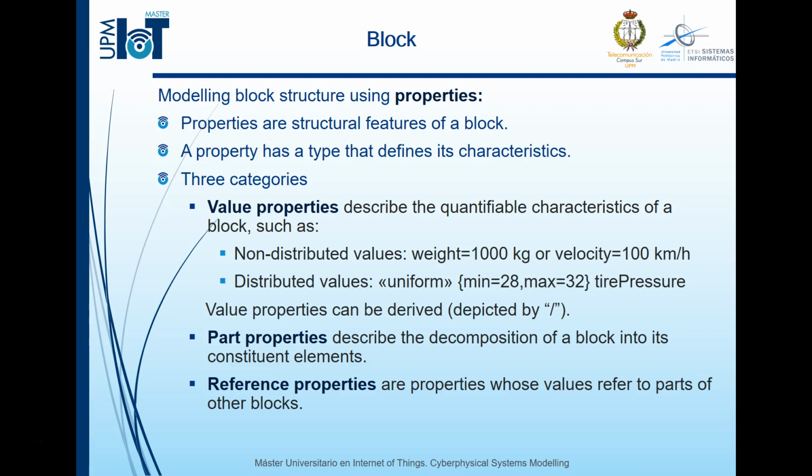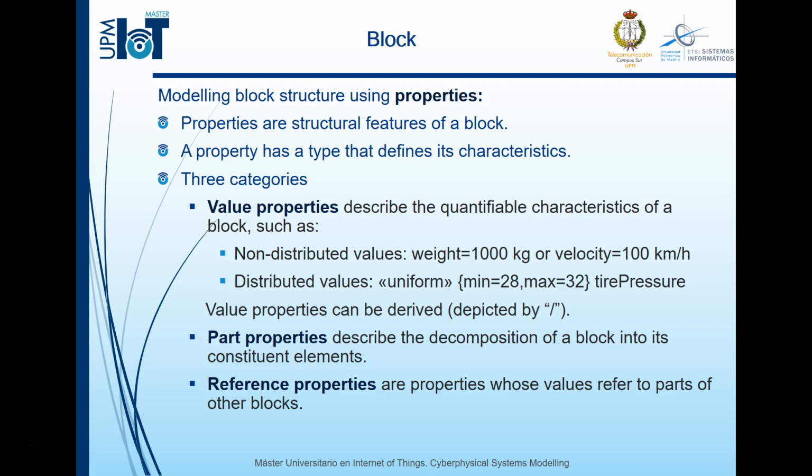So if I remove the block in the root, the other blocks will also be removed. But reference properties work in a different way. If I remove one block, for example the root block, the other blocks still remain in our model.